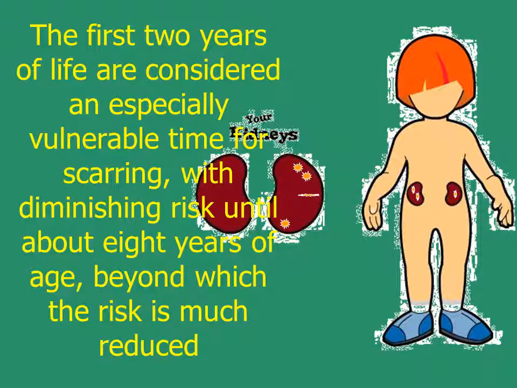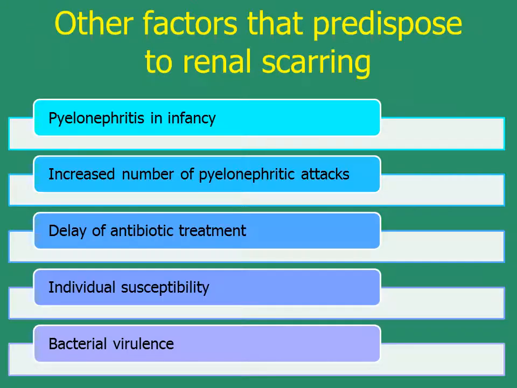The first 2 years of life are considered an especially vulnerable time for scarring, with diminishing risk until about 8 years of age, beyond which the risk is much reduced. Other factors that predispose to renal scarring include pyelonephritis in infancy, increased number of pyelonephritic attacks, delay of antibiotic treatment, bacterial virulence, and individual susceptibility.